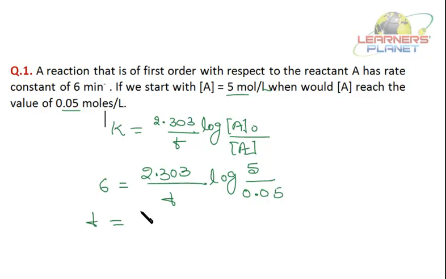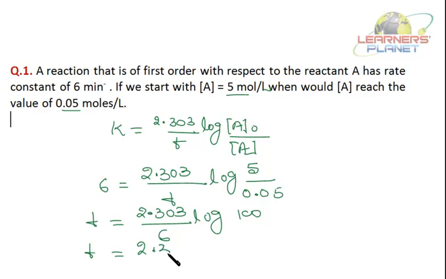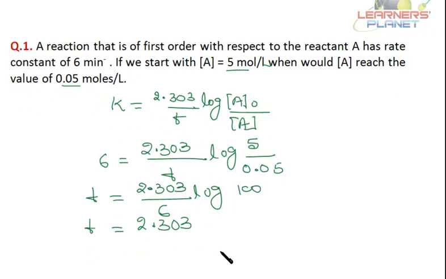So T is equal to 2.303 by 6 log 100. So here log 100 is 2. Now your T will be equal to 2.303 into 2 divided by 6.